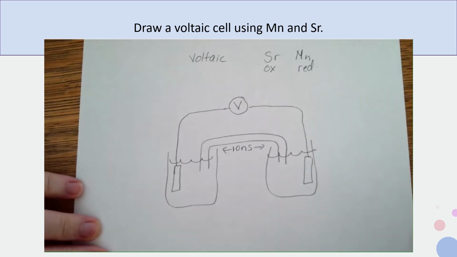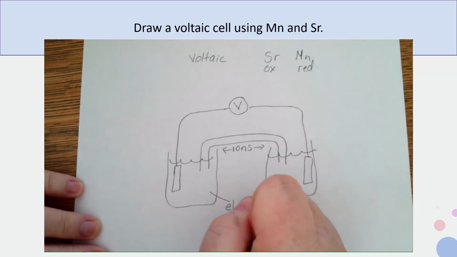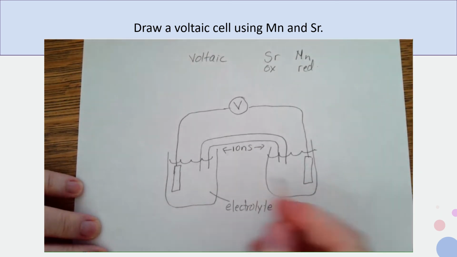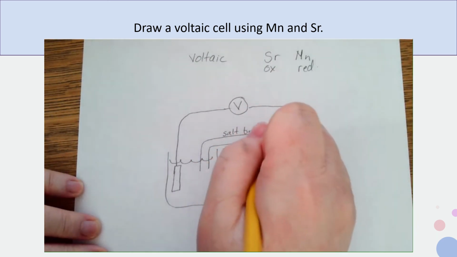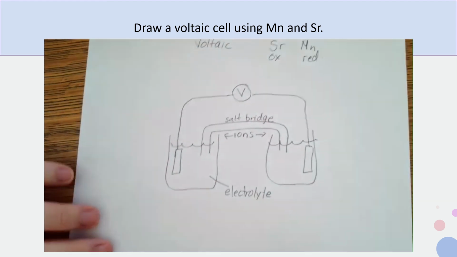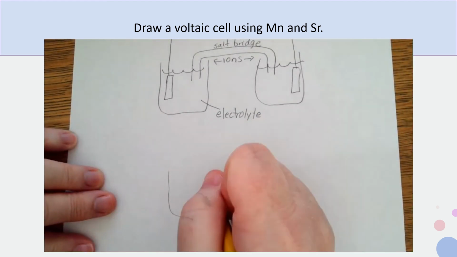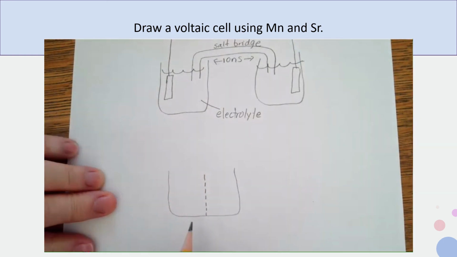Okay, so I have two pieces of metal. Inside here is the electrolyte, right? But since these two containers are separated, we need the salt bridge so that the ions can flow back and forth. Once in a while, just so that you know, sometimes you'll see one big container, but it will be separated like this by porous material instead of a salt bridge.